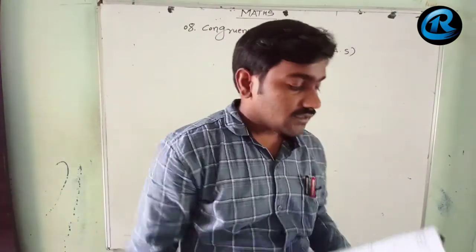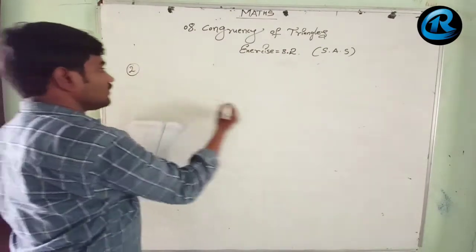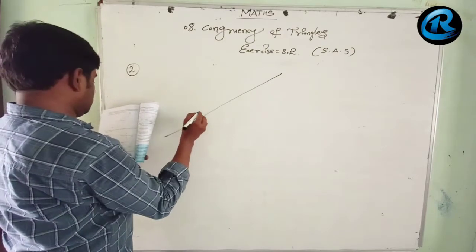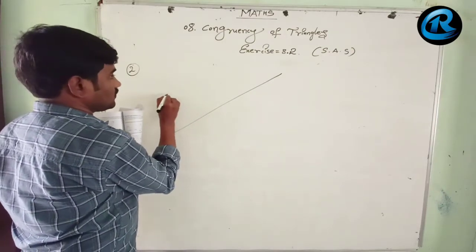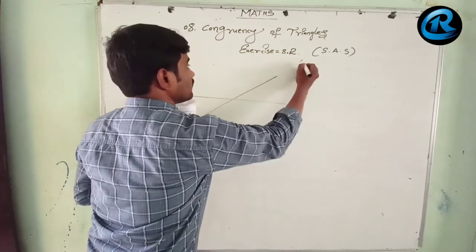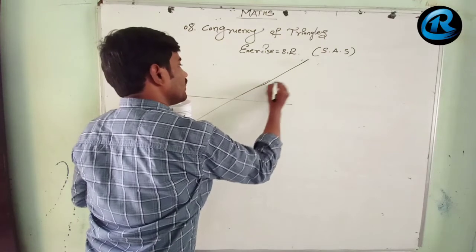Yes, see question number 2. Till that time, I will draw a diagram here. Till that time, go through the question. You read the question; till that time, I will draw the diagram here.